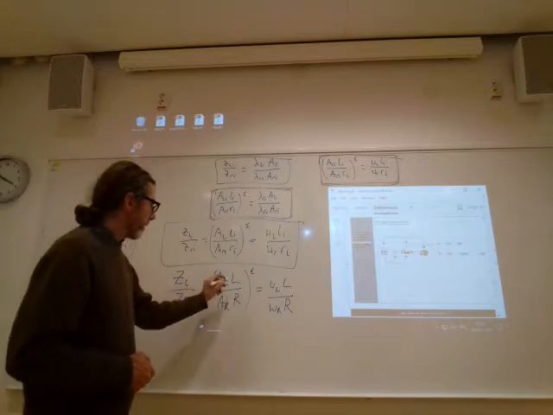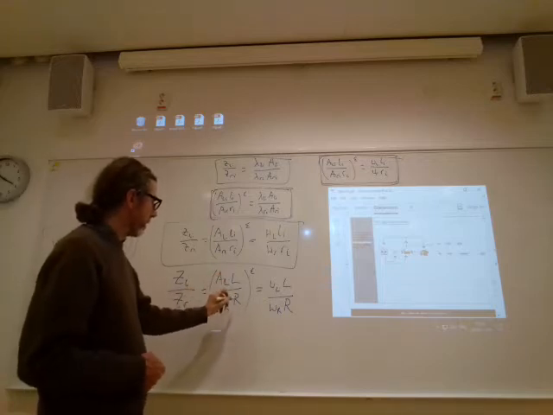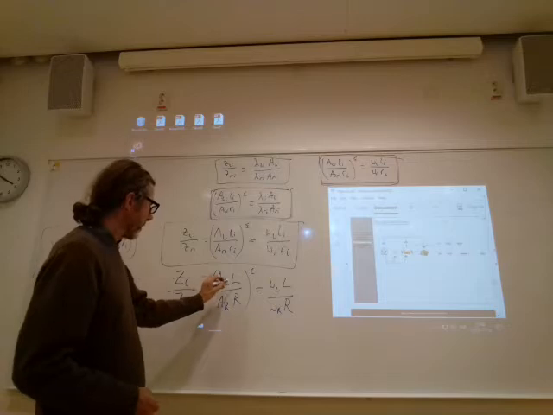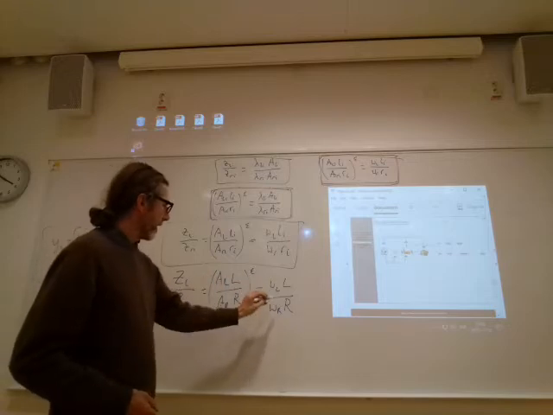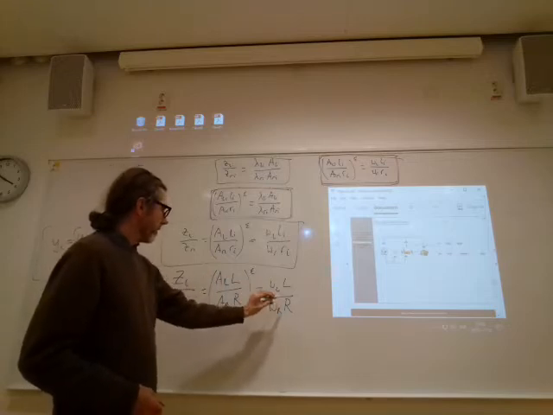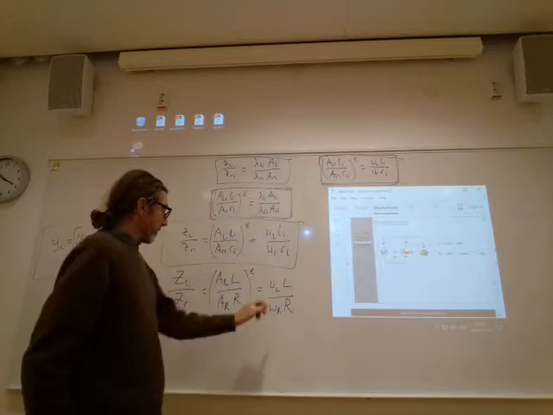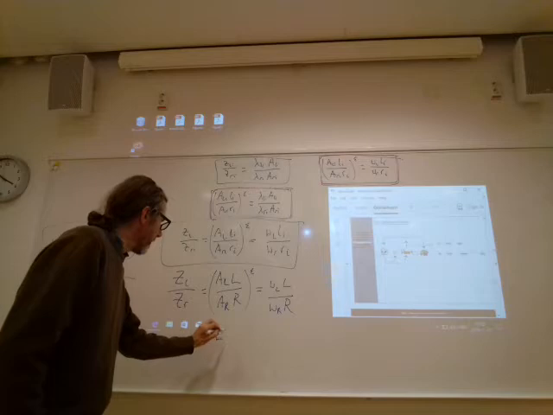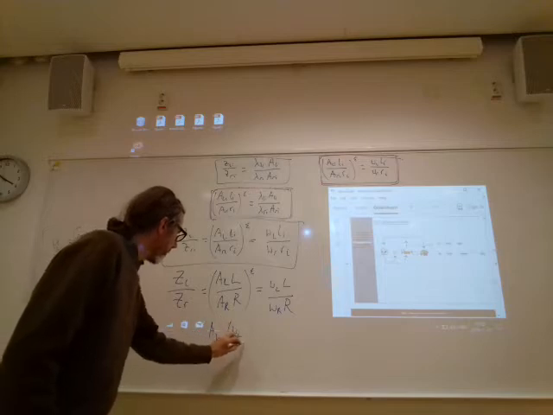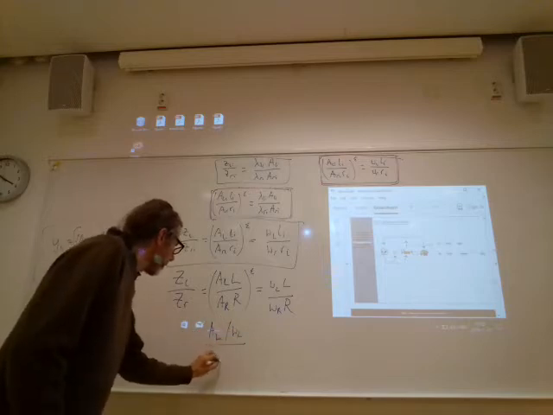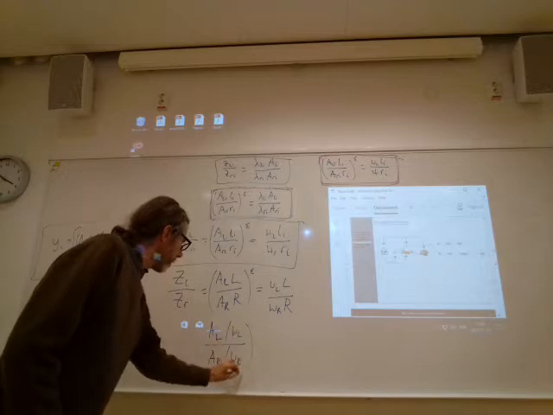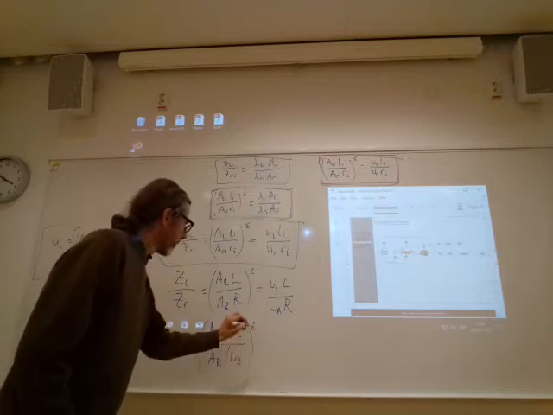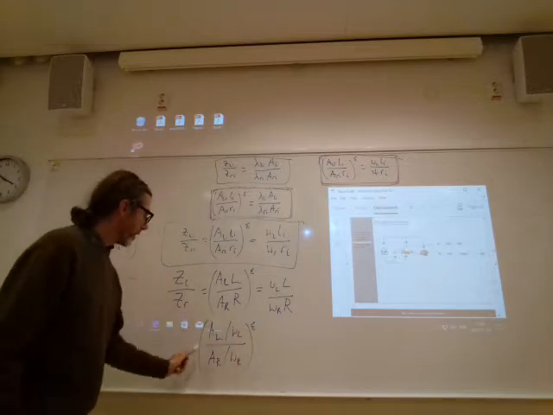To get rid of the L and R, we can multiply this by WL L over WR R to the minus epsilon, right? And then what we end up with is AL over WL divided by AR over WR to the epsilon.